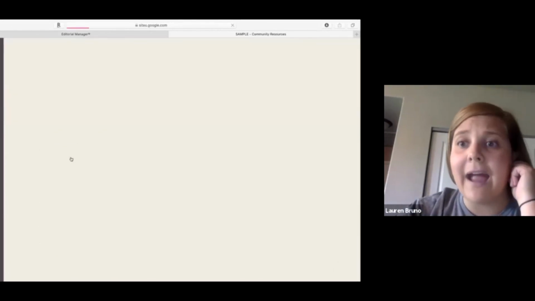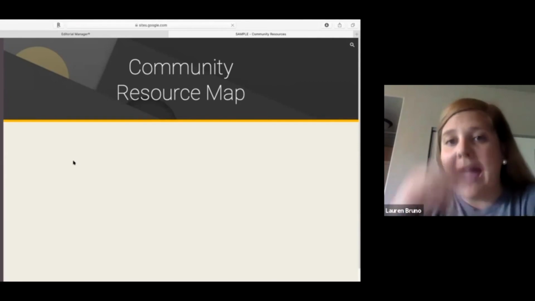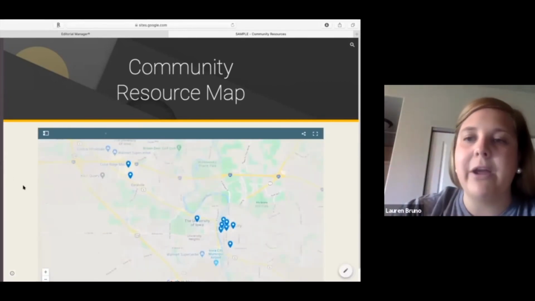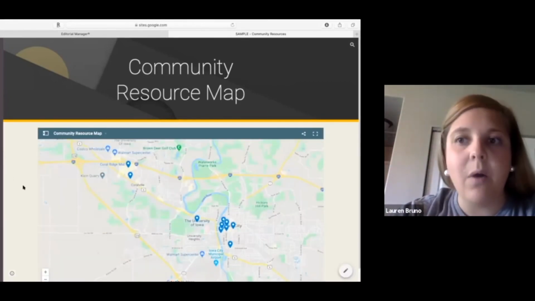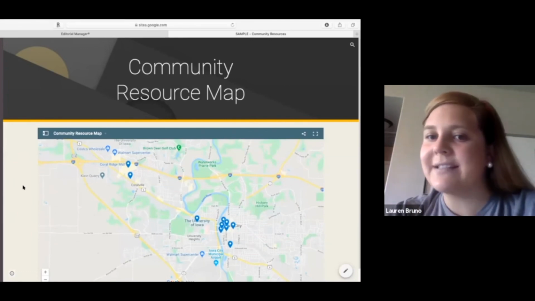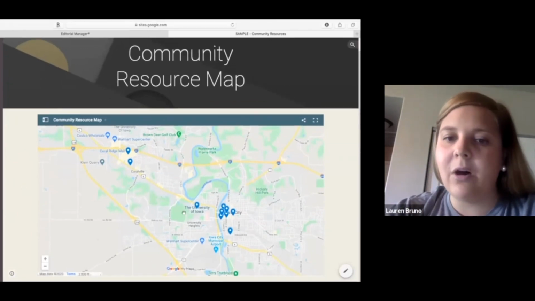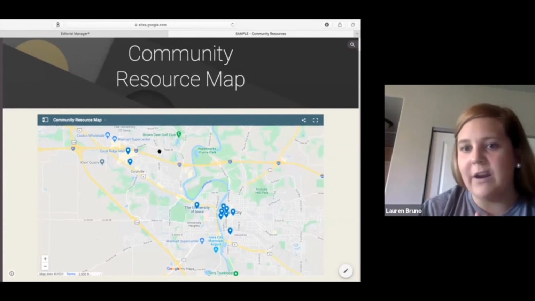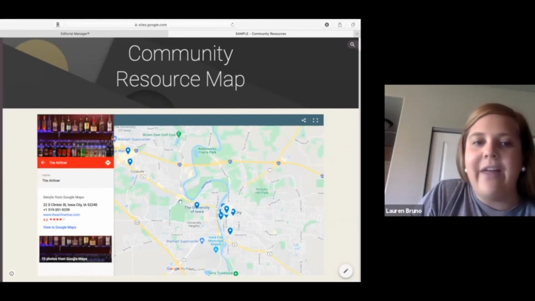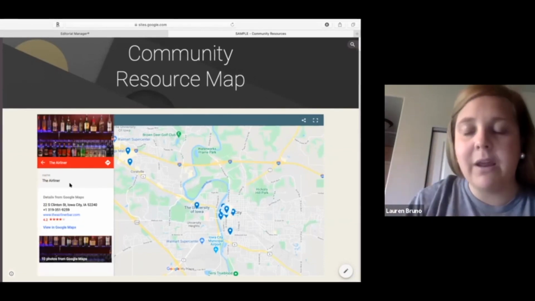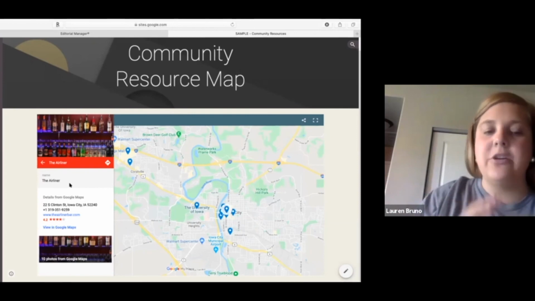And then finally, I just did this really cool training and I learned how to build my own community resource map. So hotspots that you might need to access or whatever, you can pin on your own map and have right at your fingertips. So you can just click it and then it tells you, maybe you love Airliner pizza and you just want to go visit there.